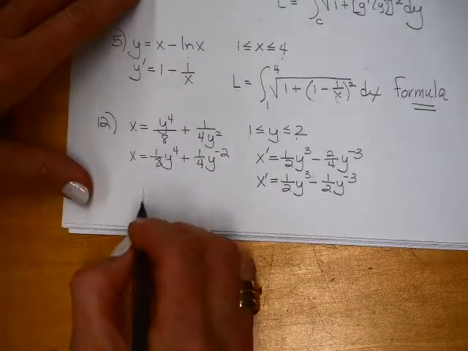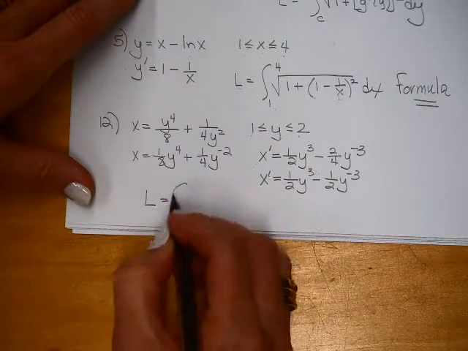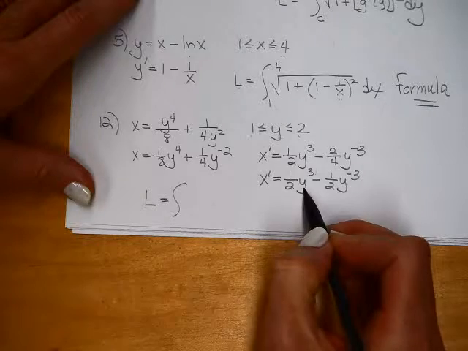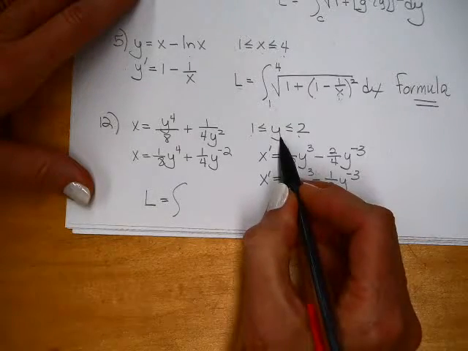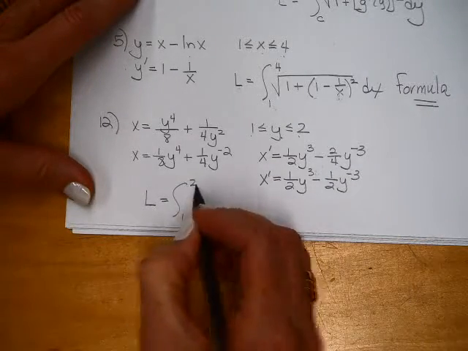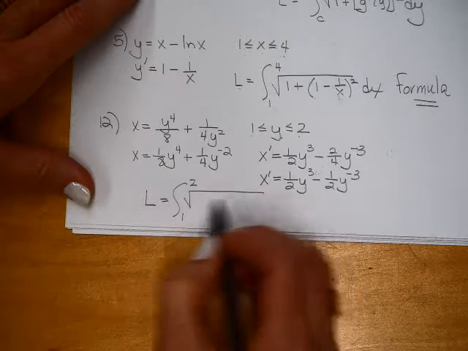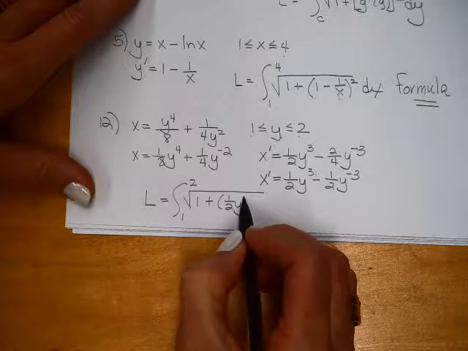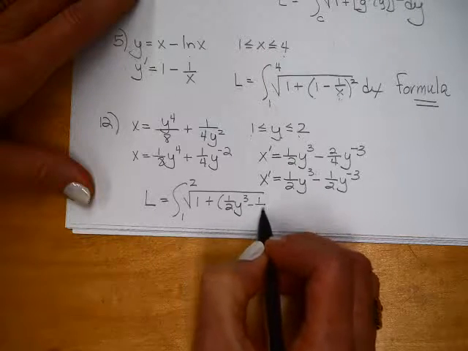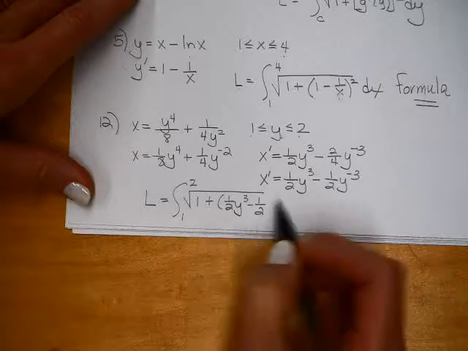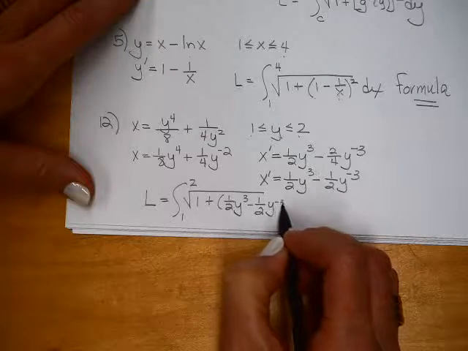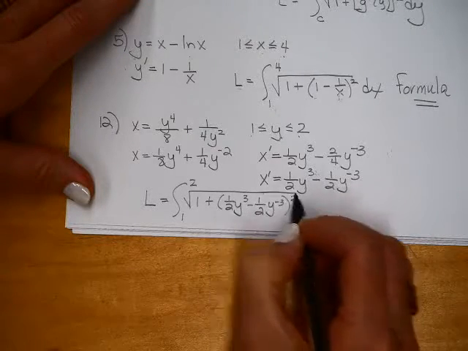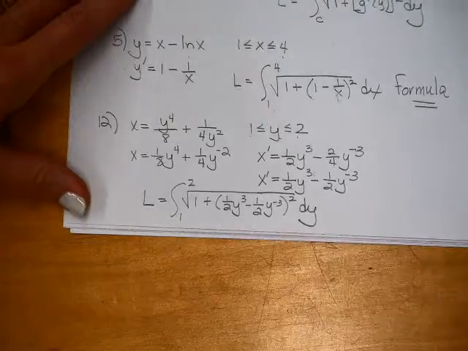So all I do now for my arc length, these are in terms of y, so this needs to be in terms of y, so I'm integrating from 1 to 2. The square root of 1 plus 1/2 y to the 3rd minus 1/2 y to the negative 3, all of that squared, dy.